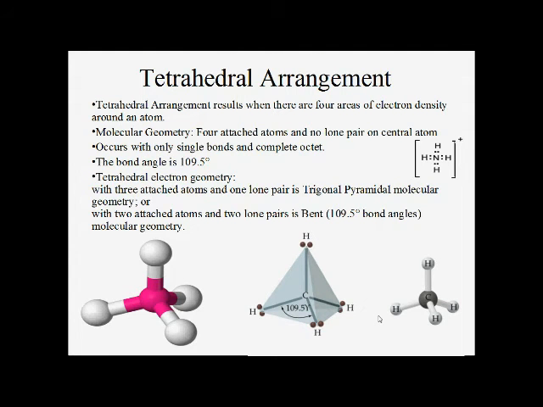If we have 4 areas of electron density, so 4 atoms attached to an octet-obeying central atom, we're going to end up with a structure like this. So we had the trigonal shape from the trigonal planar.